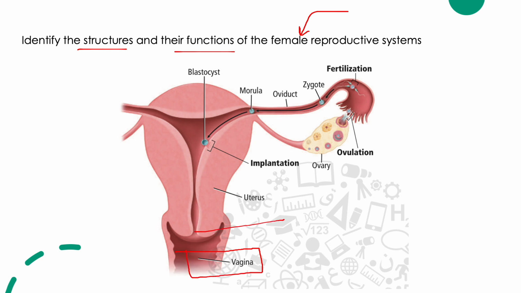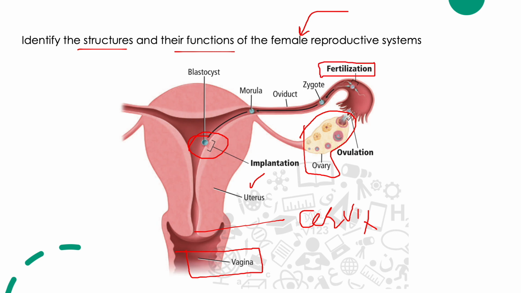Here, this area is called the cervix. It is not labeled over here, but we can do the labeling. Then we have the uterus. Then we have this embryo which is being implanted into the uterus. We have the ovary showing over here, which releases the egg, and this egg can be fertilized in the fallopian tube, which results in the formation of the zygote, and so on.